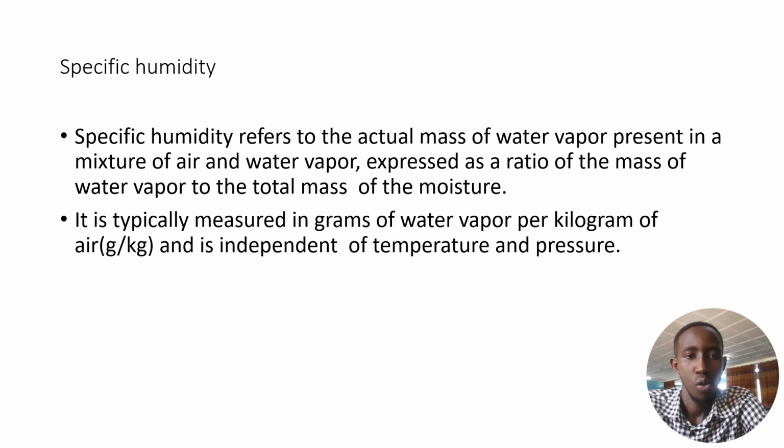This is called specific humidity. It is typically measured in grams of water vapor per kilogram of air and is independent of temperature and pressure. I think you also understand.